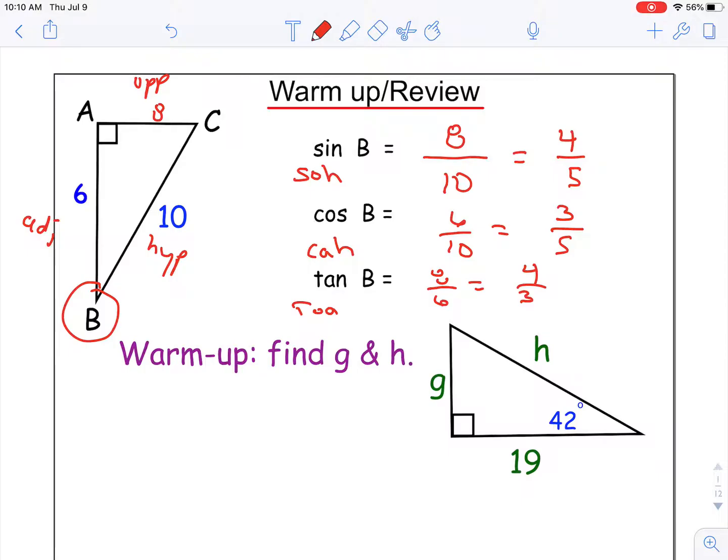Now let's see if we can use those ratios to solve. So we want to find G. To find G, we're going to use our reference angle of 42 degrees, and we know G is the side opposite, and we are also given the adjacent side. So we have to use the TOA ratio, to take the tangent of 42, and that's always going to equal the exact same decimal ratio when you divide the side opposite, which is G, over the side that's adjacent, 19.